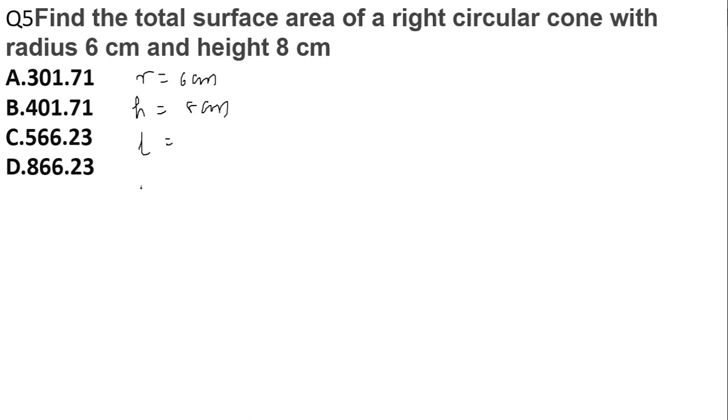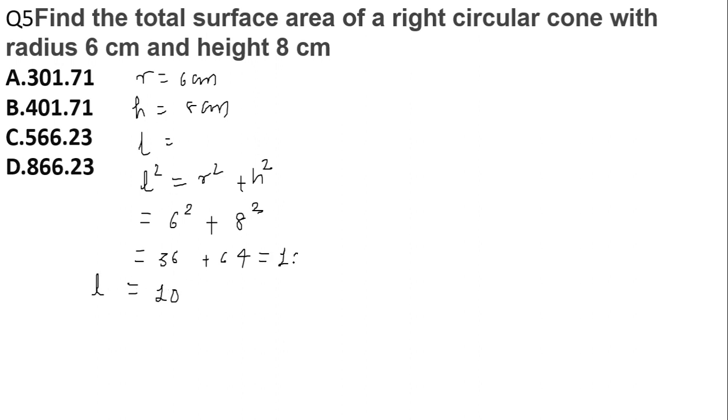L square is equal to r square plus h square is the formula to find the slant height. We know r is 6, so 6 square, and h is 8, so 8 square. This will give me 36 plus 64, which is 100, right? So L square is equal to 100, and L is 10 centimeter.